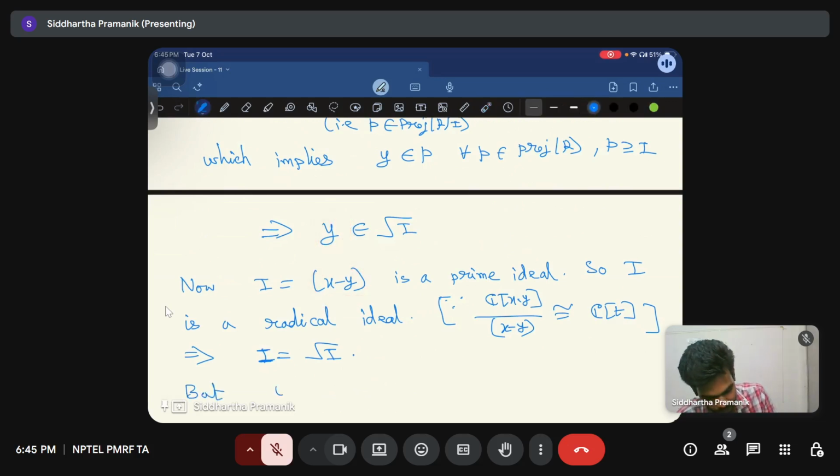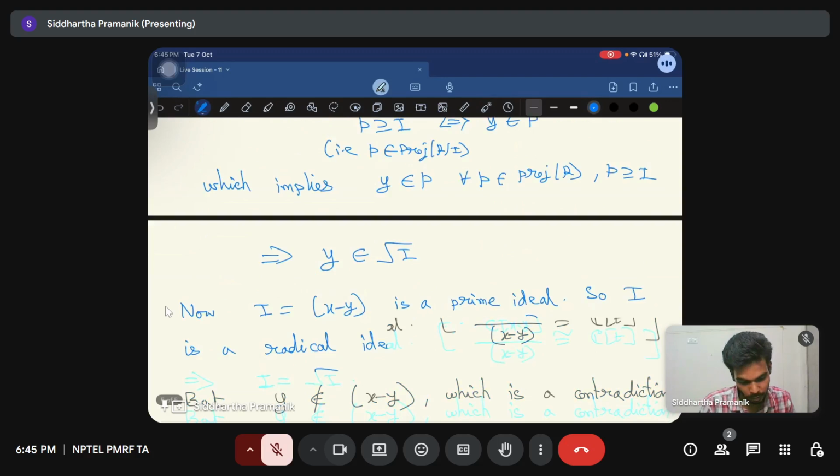This is very easy to check, because both are prime elements, so they cannot divide each other, right? So this is a contradiction.